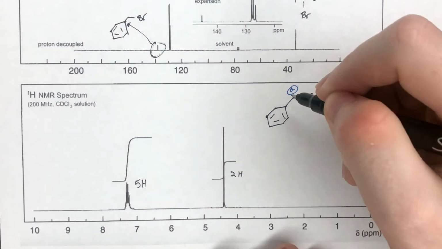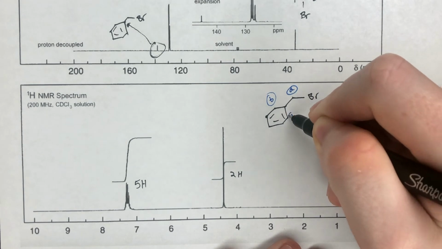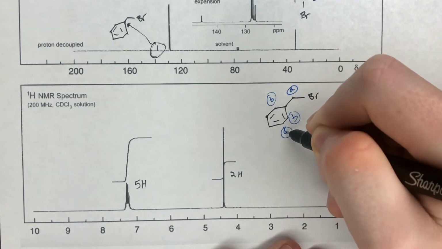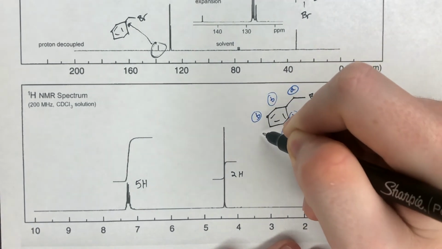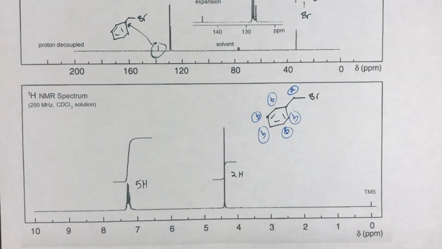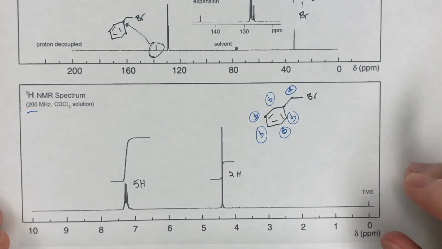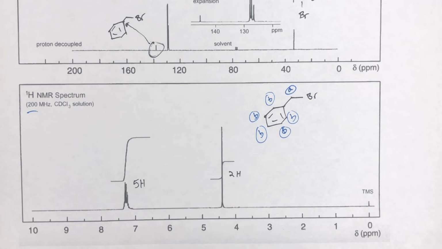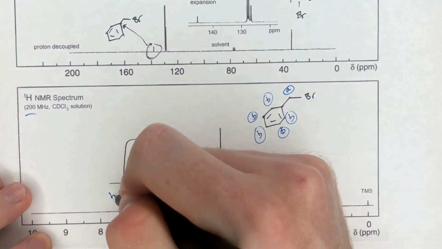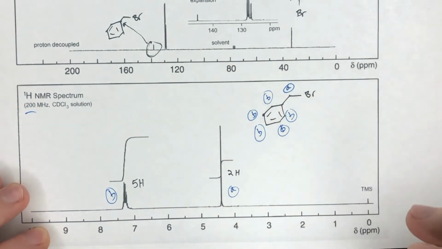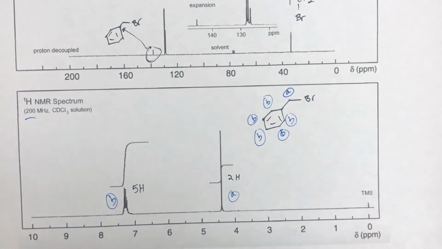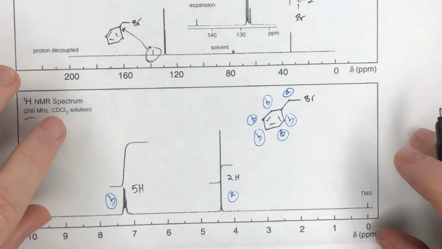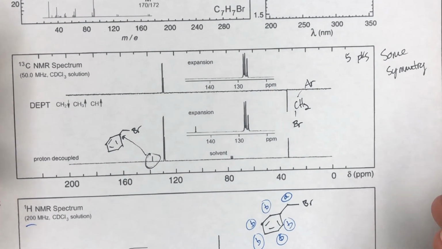And then, of course, we have all these benzene aryl protons that are also going to appear in the same region because our magnet here is only a 200 megahertz magnet, so it's even less powerful than the previous question, so we don't get significant resolution there. We just see a blob of aromatic protons. So that blob here is B, and this is A. And then we can do the same for the carbon NMR.